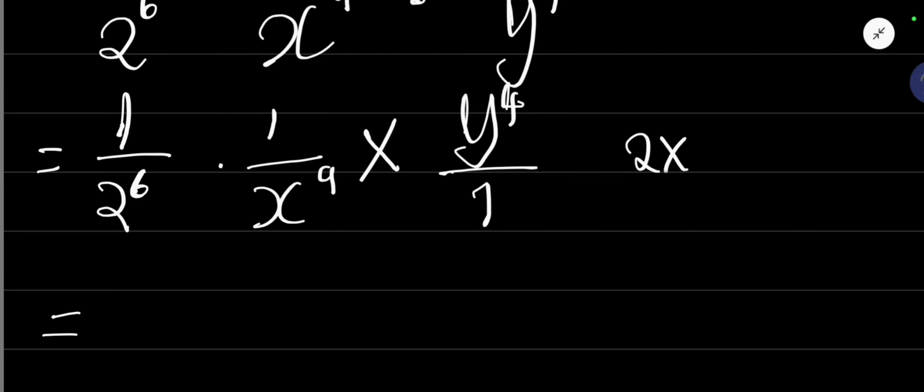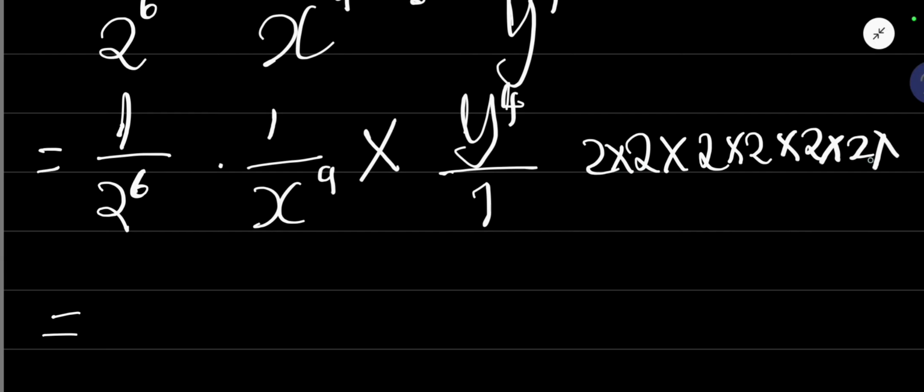It is the same as 2 times 2 times 2 times 2 times 2 times 2. So 2 times 2 is 4. 4 times 2 is 8. 8 times 2, what is 8 times 2?